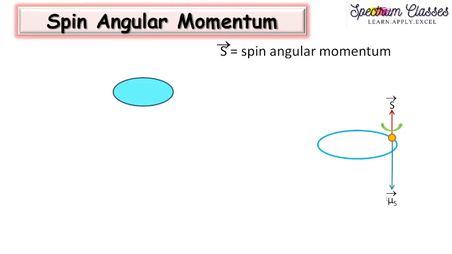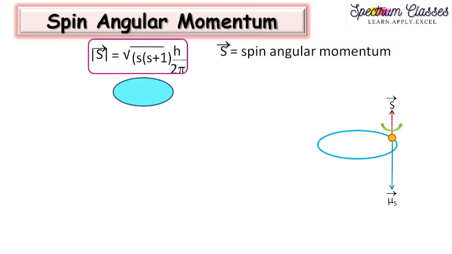Now coming to the spin angular momentum vector. The magnitude of this spin angular momentum can be calculated by the formula square root of s(s+1) h cross. This h cross can also be written as h upon 2 pi, where h is the Planck's constant and s is the spin quantum number. In case of one unpaired electron, we have s equal to 1 by 2.